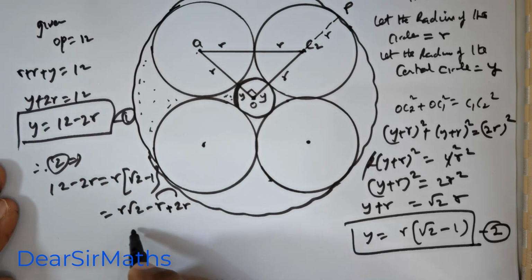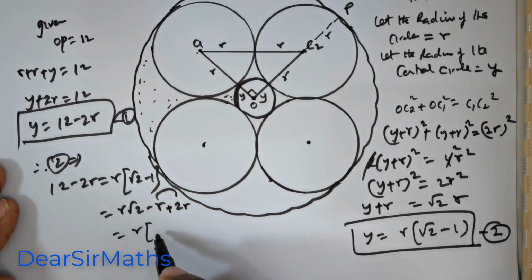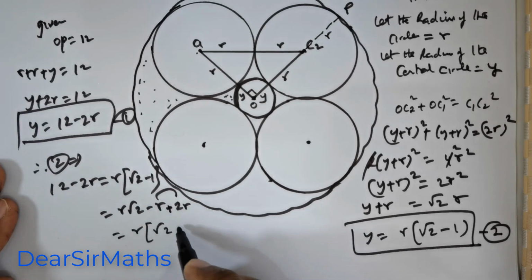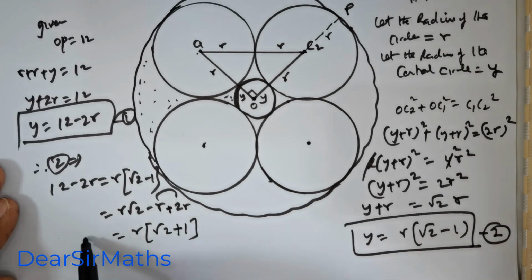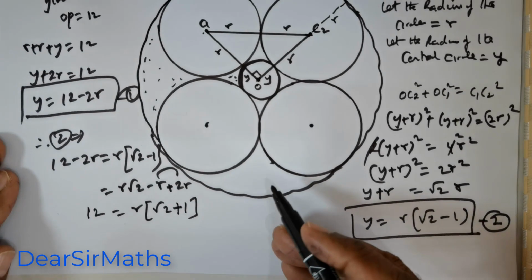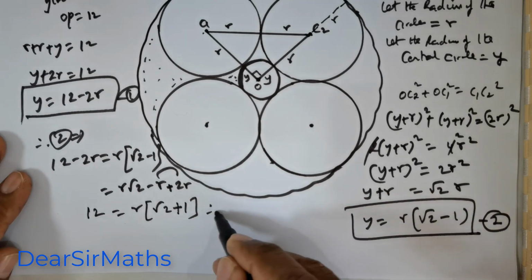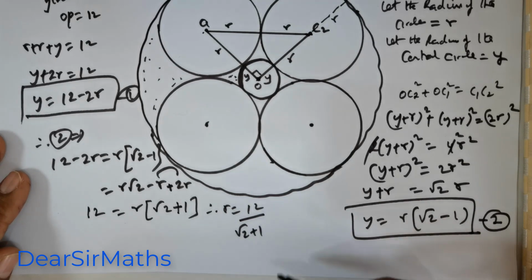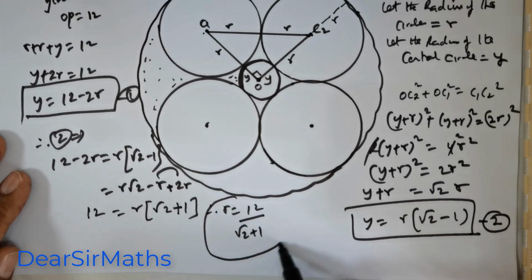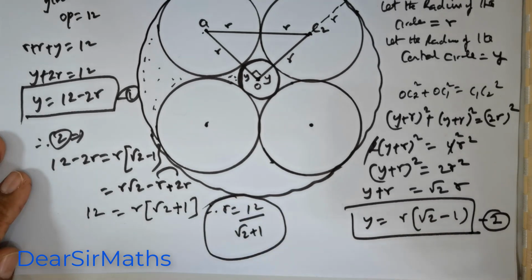I add these two things, I will get an r. So this is r times root 2, and this is a positive r, right? So it's root 2 plus 1. That's a good value, and I've got a 12 here. So if you were to get the value of r, r is going to be 12 divided by (root 2 plus 1). This is the value of r.